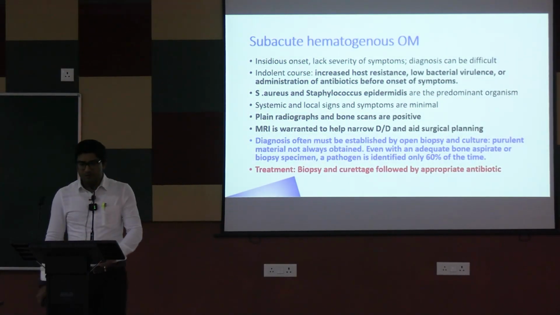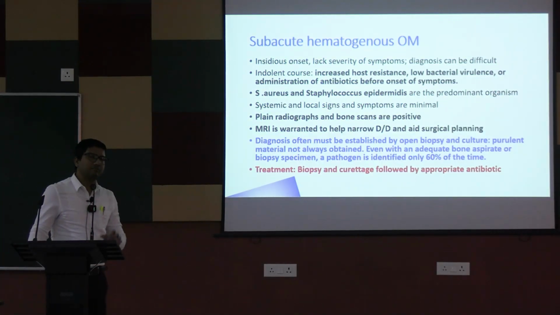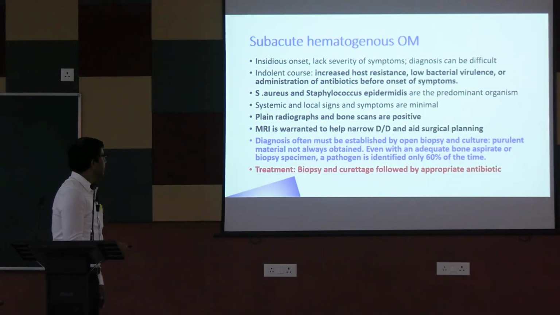Now the subacute form. As I told previously, these are caused by low virulent organisms, so the symptoms and signs are very minimal. Unlike acute osteomyelitis, it has a very indolent course.